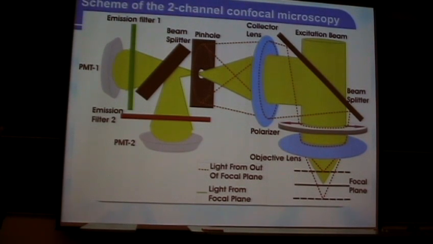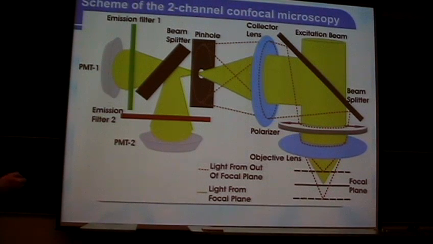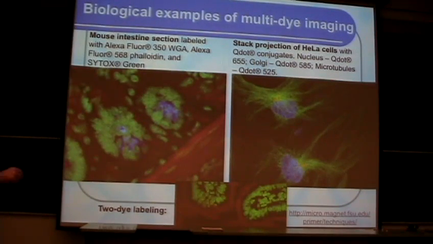Therefore, those two fluorescent signals can be separately detected using two different photomultiplier tubes. And therefore, we can detect fluorescence signals, fluorescence textures from different dyes separately, and then colocalize the images, this way obtaining information on the structural composition of the samples in 3 dimensions.